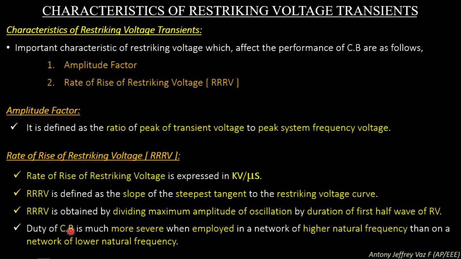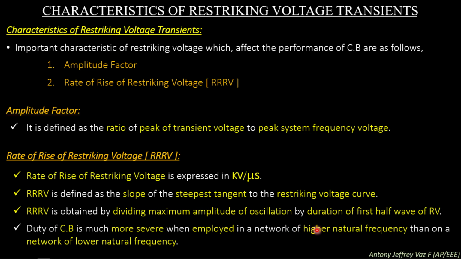The duty of circuit breaker is much more severe when employed in a network of higher natural frequency than on a network of lower natural frequency. So, the rate of rise of restriking voltage depends on the natural frequencies.